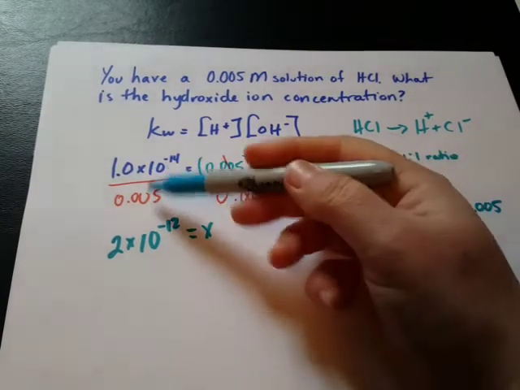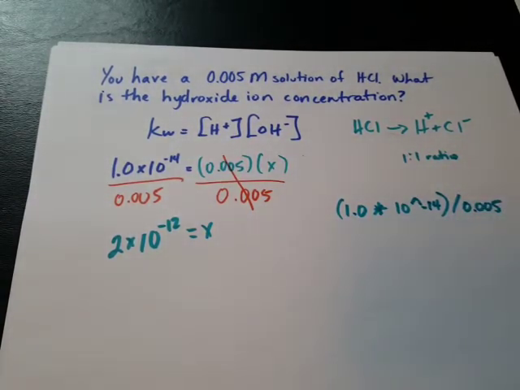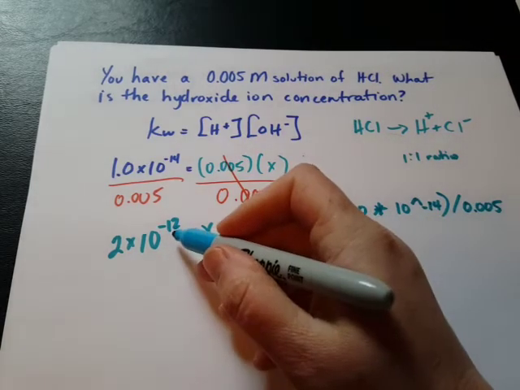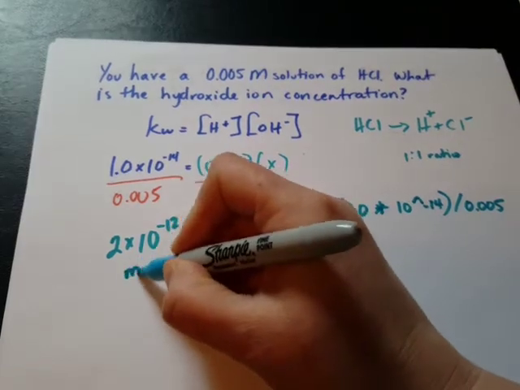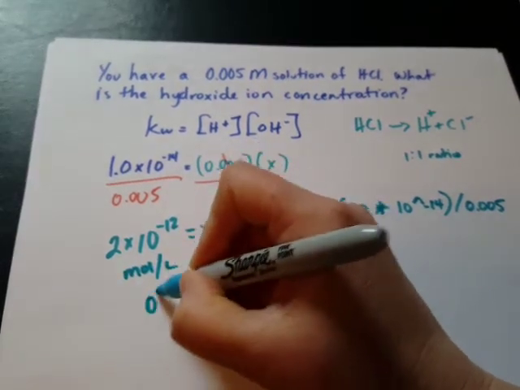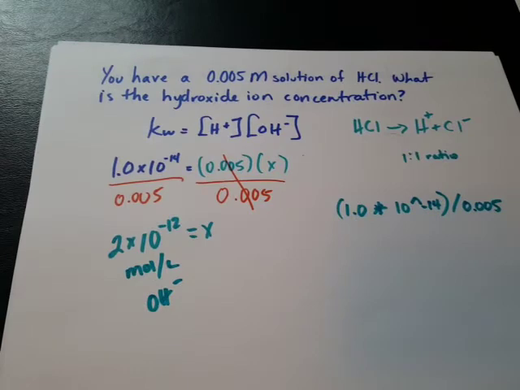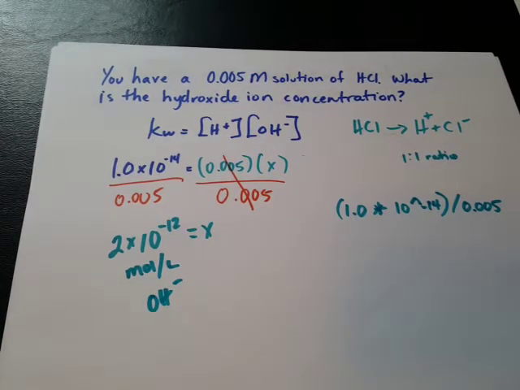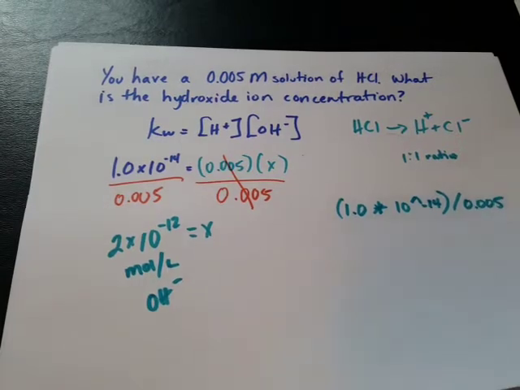So that's how that would look on a computer calculator. What we've found is 2 times 10 to the negative 12 moles per liter of hydroxide at equilibrium. That one's not so bad.